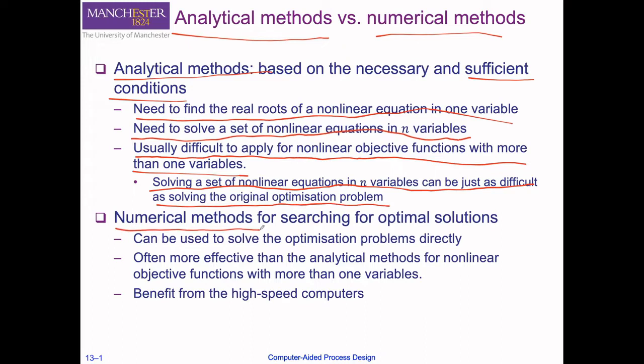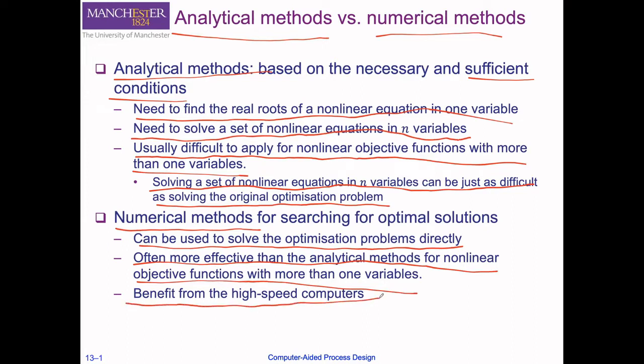Numerical methods can be used to solve the optimization problems directly. They are often more effective than the analytical methods, especially for nonlinear objective functions with more than one variable. The numerical methods often benefit from high-speed computers.